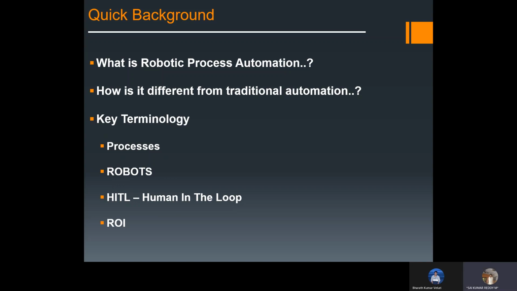And the next one is ROI, return on investment. Every organization goes for this RPA to get some returns. It may be in terms of human hours or the time consumed to perform a process.